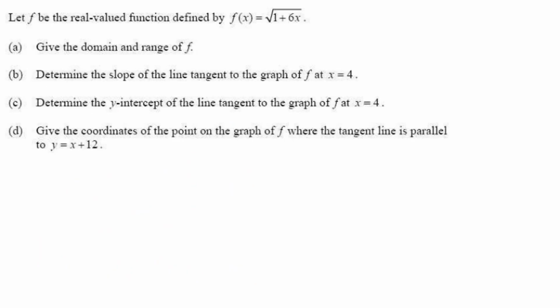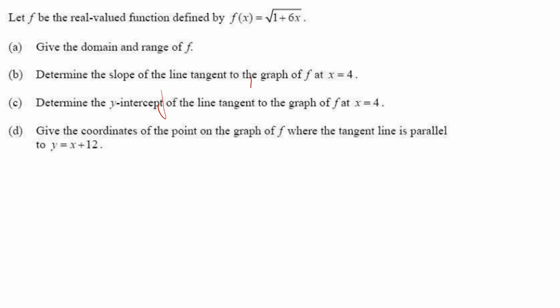f of x equals the square root of 1 plus 6x. Give the domain and range of the function. So when they ask you to find the domain or range of a function, remember this is the function which is written inside the square root.